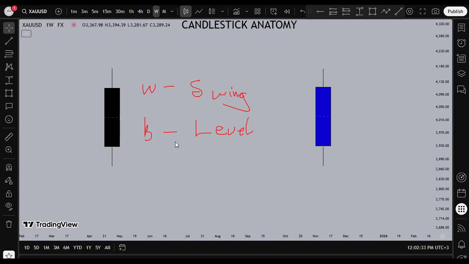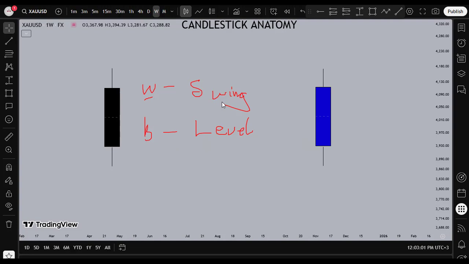Understand this. That is where we mark our levels, and in the wicks, that is the point where we mark our swing points. That is a very important thing to understand before we go much further.